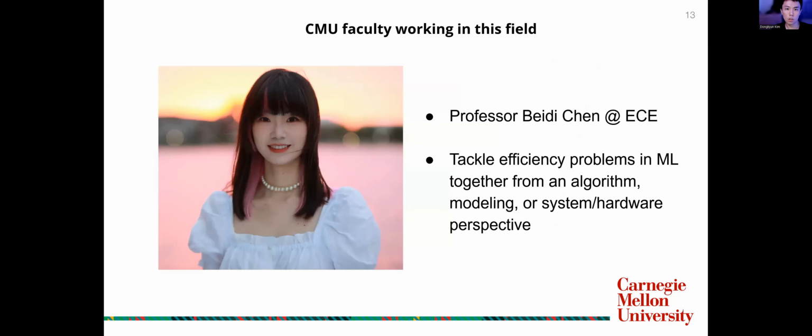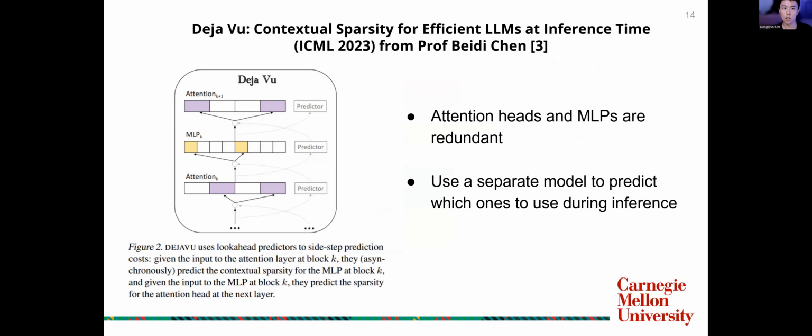One professor or CMU faculty working in this domain is Professor Beidi Chen at the ECE Institute, and she is trying to tackle efficiency problems in machine learning from an algorithm, modeling, or system perspective. One paper from Professor Beidi Chen that caught my attention was Deja Vu.